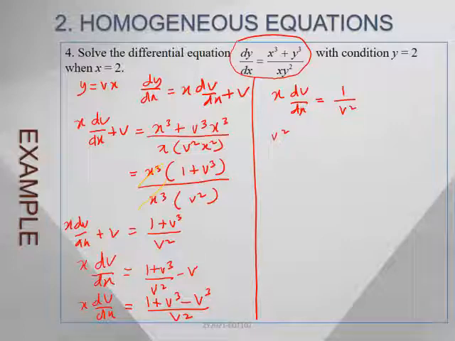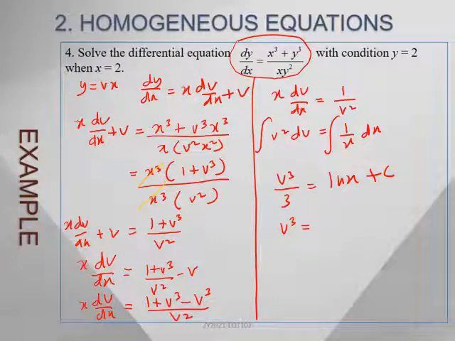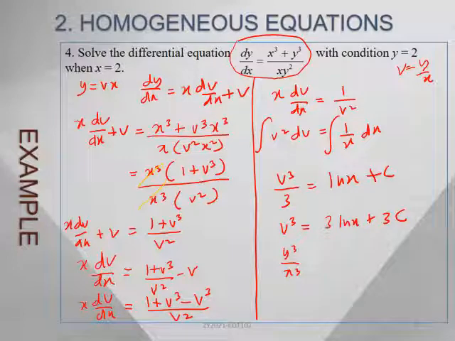So it will be v squared dv equals 1 over x dx. So we can integrate this, so it will be v cubed divided by 3 is equal to ln x plus c. So it's actually v cubed is equal to 3 ln x plus 3c. Okay, so we substitute v equals y over x, so y cubed divided by x cubed is equal to 3 ln x plus e, where e is equal to 3c.